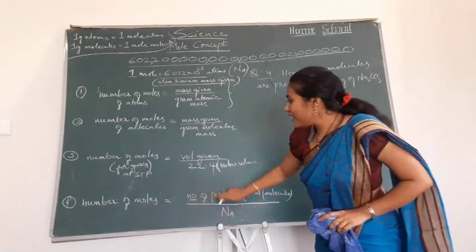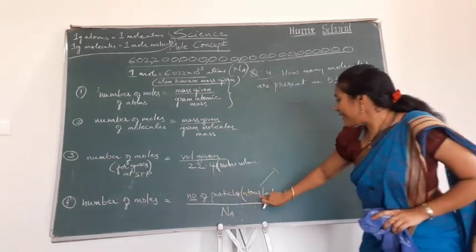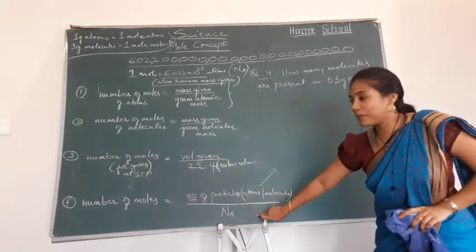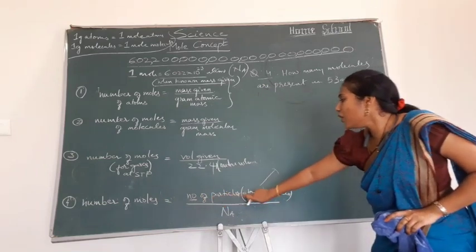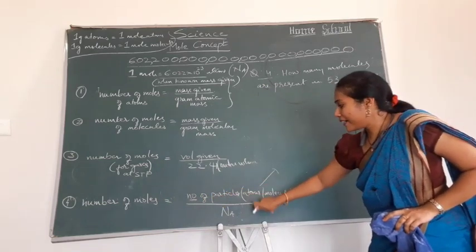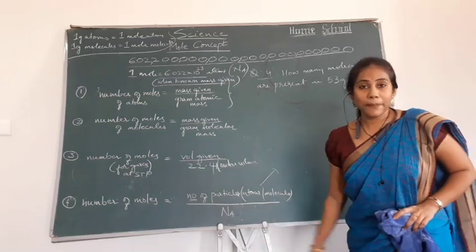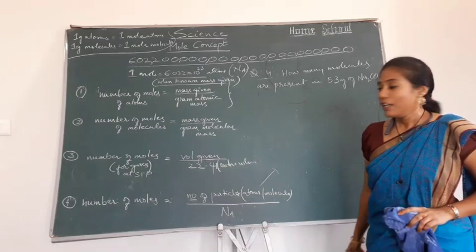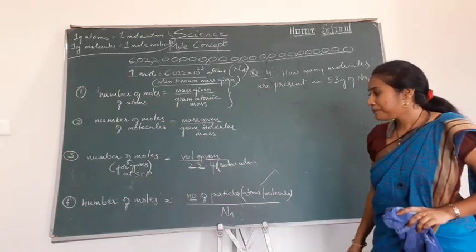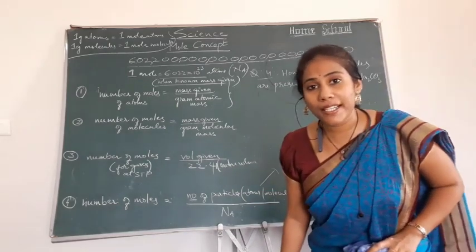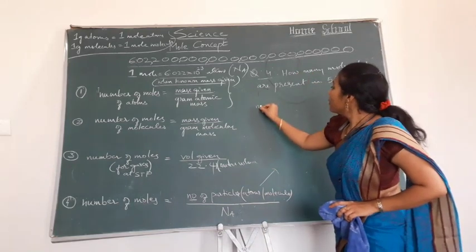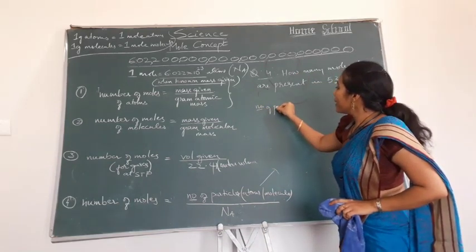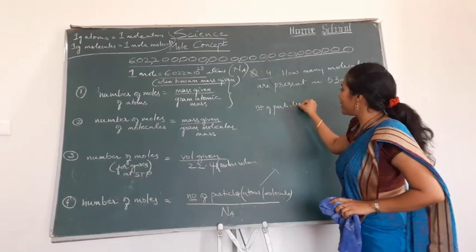See, you have a relationship between moles and molecules in this formula. Number of moles is equal to number of particles divided by Avogadro number. And what I am asking you is the number of particles. So what is your formula guys? Number of particles I want to know.